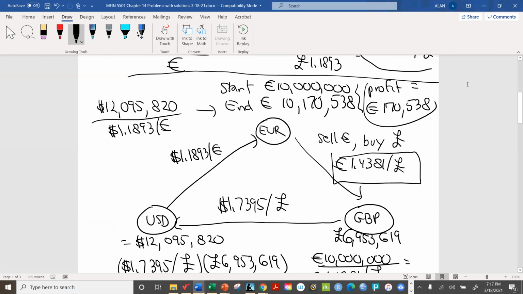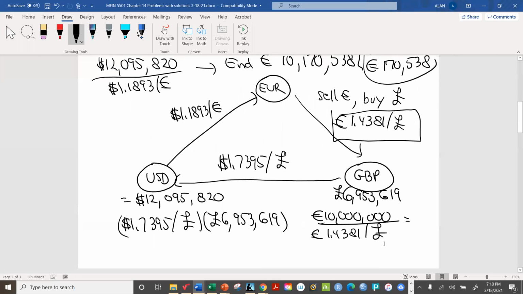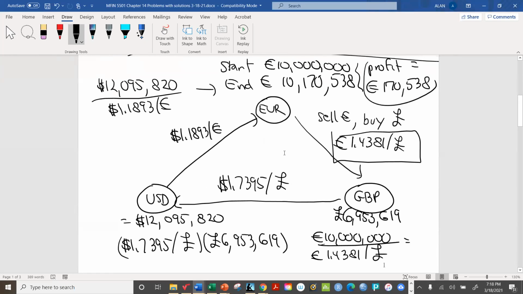So now, again, like I said, if you put the circles in a different order, it's possible that you would have needed to go counterclockwise to make money. But the bottom line is, once you go around the triangle, if you've made money, you must have done this correctly. If you lose money, you obviously got it backwards. You just have to go the opposite direction.